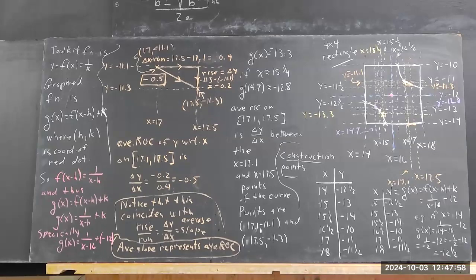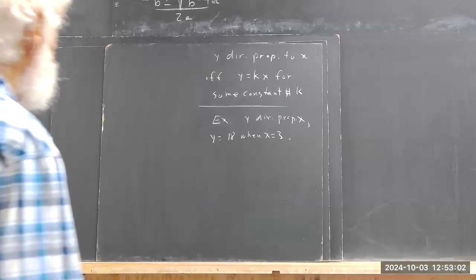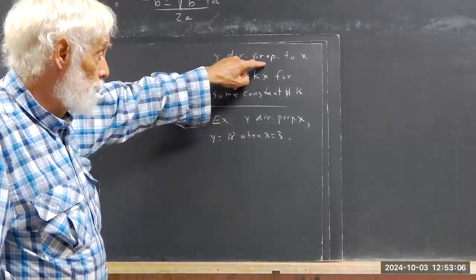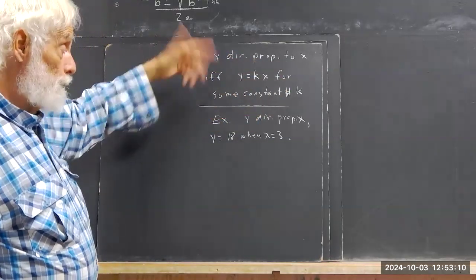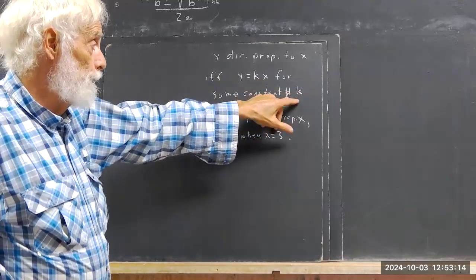Okay, now I'm going to pause a second and take a look for the first time in 5 days at the open math assignments. I just got the ability to do that. It said y is directly proportional to x if and only if y equals kx for some constant multiplier k.